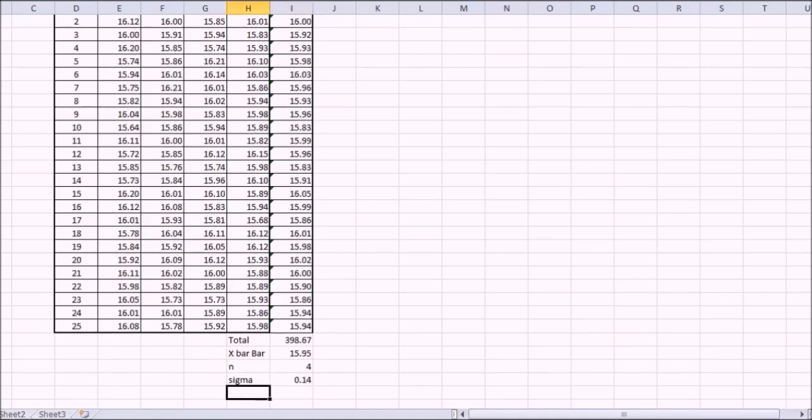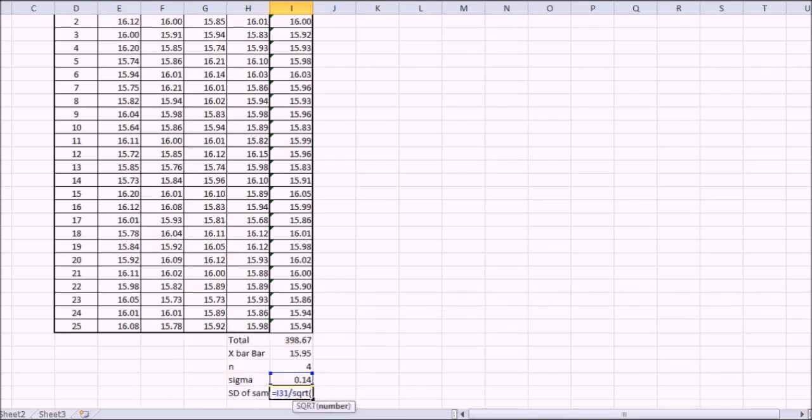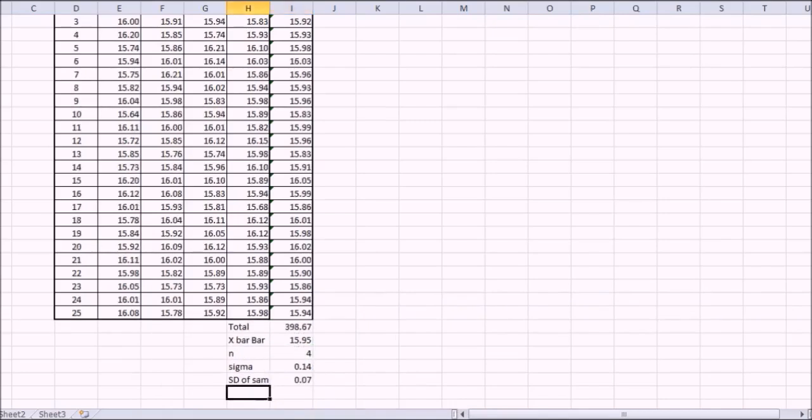And if I have to now calculate the standard deviation of the sample, that is equal to this 0.14 divided by square root of n. So the standard deviation of the sample is 0.07.